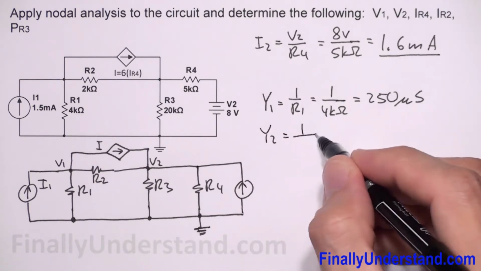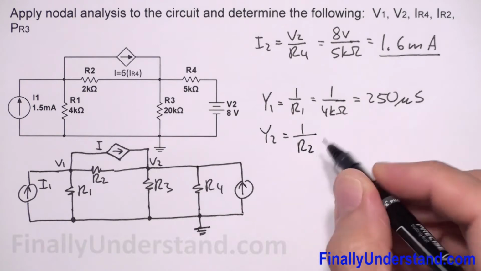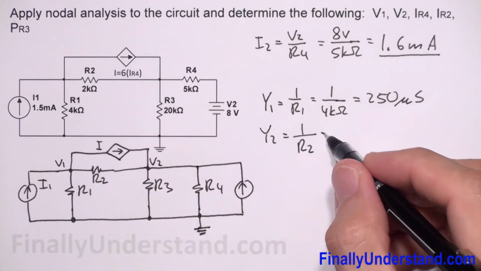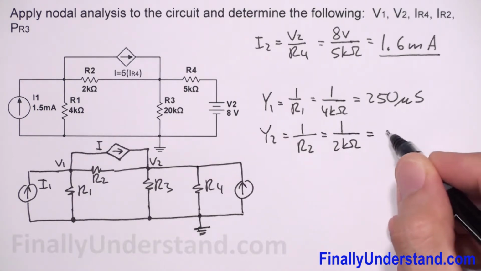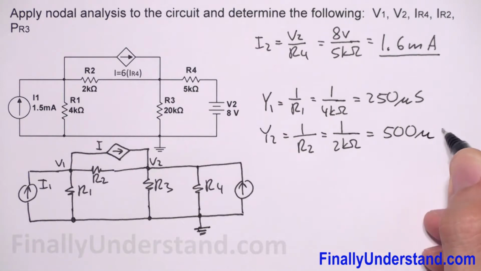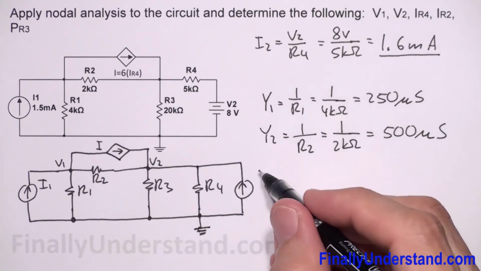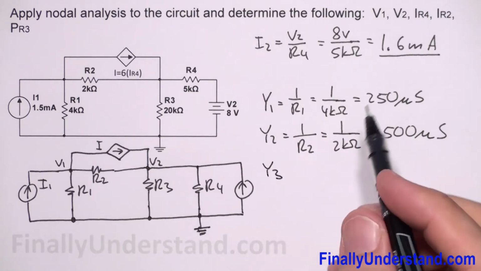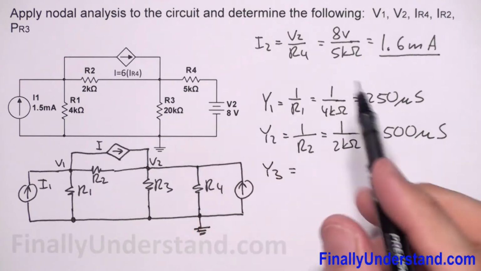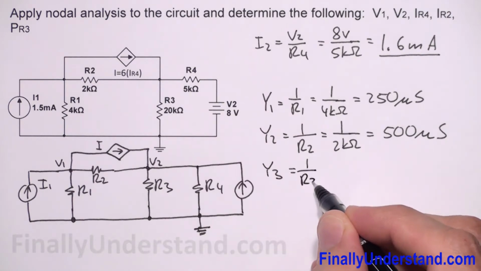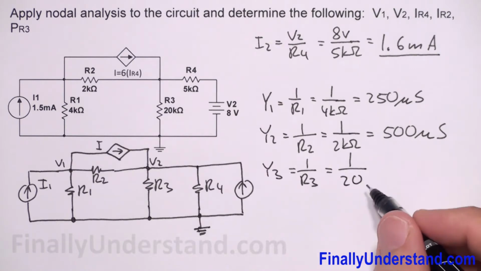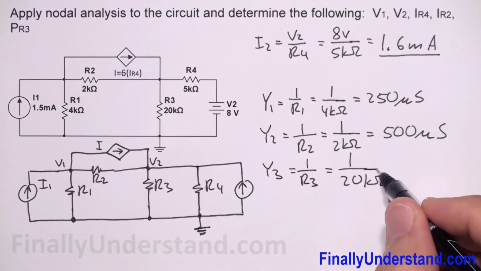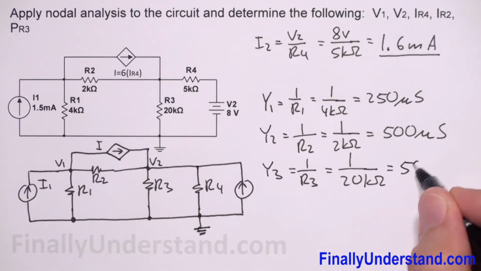Next I'm supposed to find Y2. Y2 is equal to 1 over R2, so this is 1 divided by 2 kiloohms, which is equal to 500 microsiemens. Next I'm supposed to find Y3. This is equal to 1 over R3, so this is 1 divided by 20 kiloohms, which is equal to 50 microsiemens.